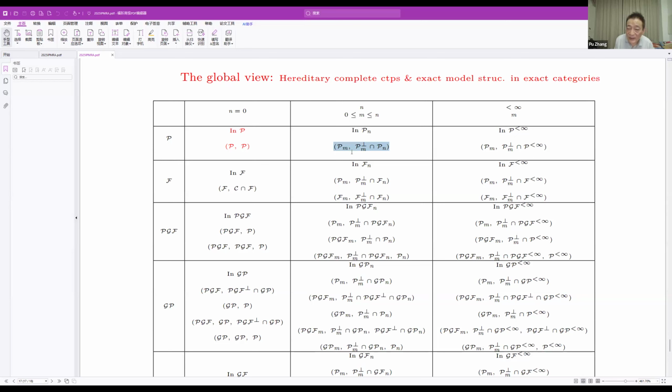We are interested only in the model structures such that the homotopy category is not 0. If the homotopy category is 0, then we think this is the trivial situation. One has no interest in that.